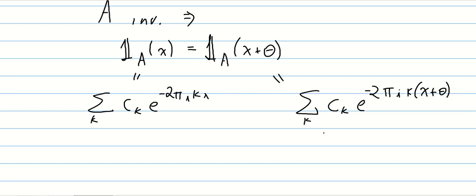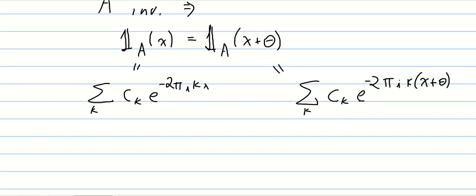Okay, and of course here the exponential of a sum we can just turn into a product, so e to the minus 2 pi i theta is going out of the sum.